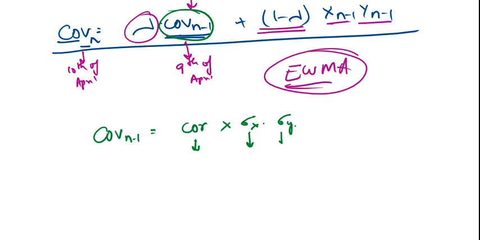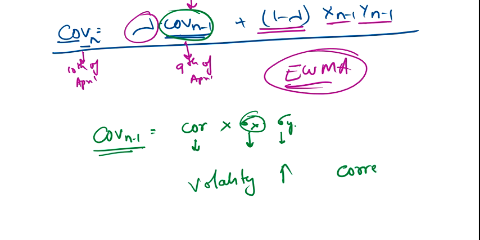So correlation will be given to you, and the standard deviation of both x and y will be given to you. You can use that to find out the previous covariance. And always remember, you have to take the previous standard deviation. So what kind of relationship will you find between correlation, covariance and standard deviation, or we can say volatility? If volatility is increasing, definitely your correlation is also increasing. If volatility is decreasing, your correlation is also decreasing. Clear?